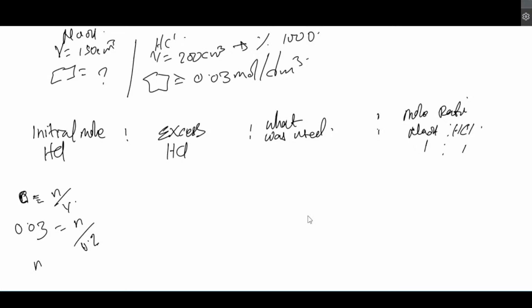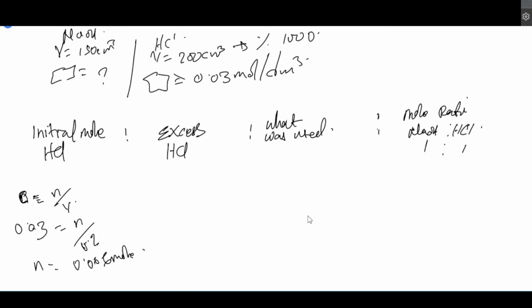So the number of moles here is going to be this times this. The answer for the number of moles there is going to be 0.006 moles. So these are the number of moles initially.